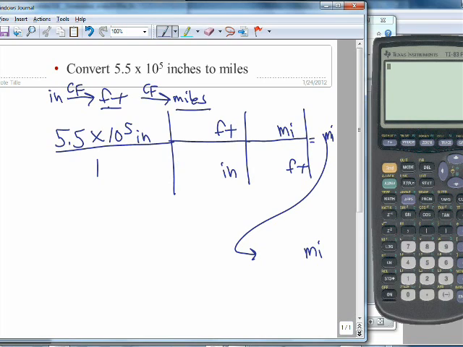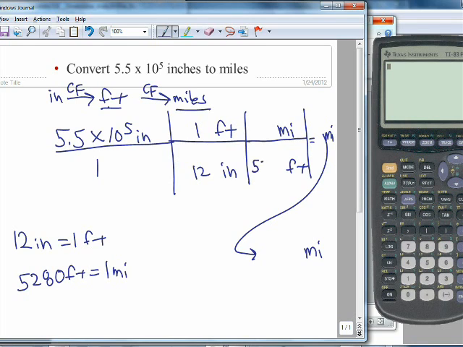So what's our conversion factor? What's a conversion factor from inches to feet? Well, we should all know that. There's 12 inches to 1 foot. So we can put 12 here and 1 foot there. And now, how many of us know miles to feet? I don't know why I've always known this. 5,280 feet equals 1 mile.